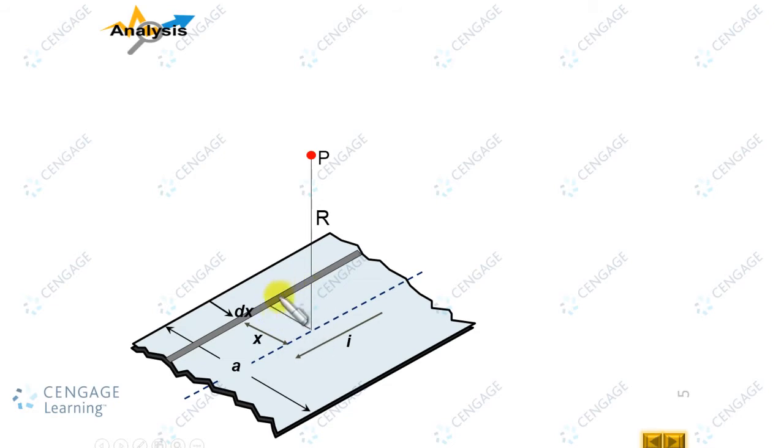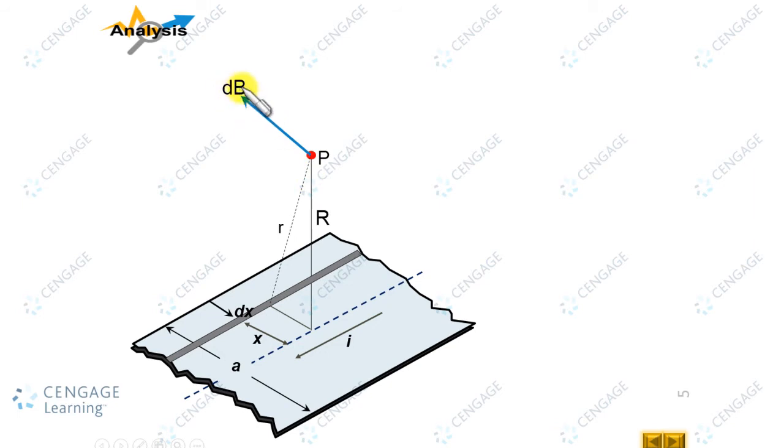This distance is x. Let us join this point to the point where we need to calculate the magnetic field. For finding the direction of the magnetic field, we again use the right hand rule, that is the thumb in the direction of the current and the curling of the finger gives the direction of the magnetic field. So here we can observe the magnetic field should be perpendicular to this dotted line.